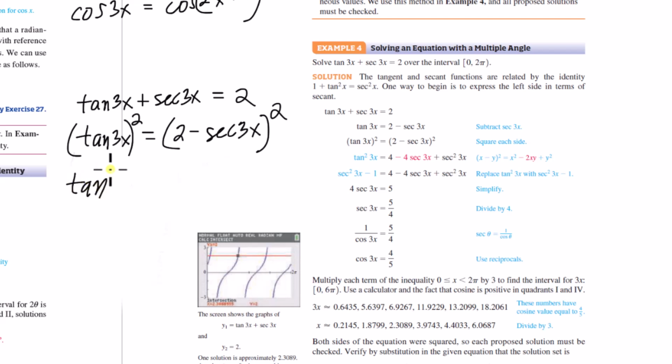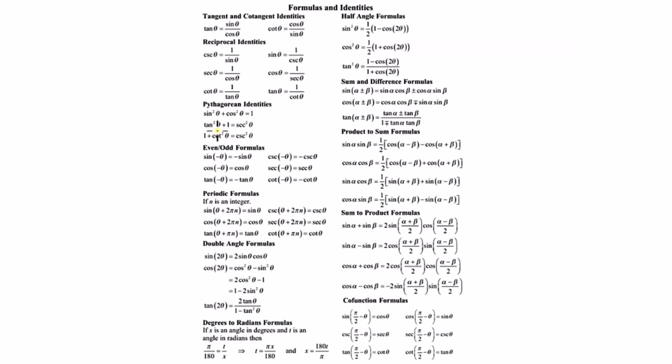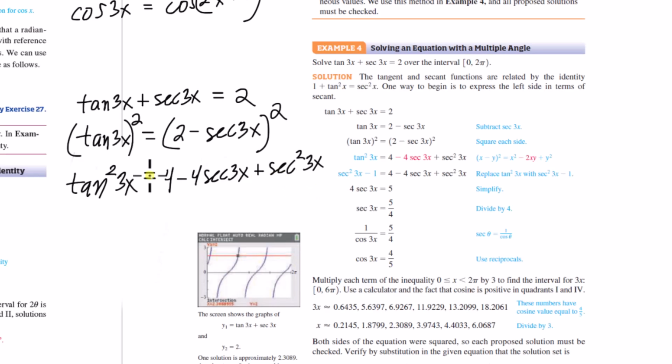So tangent squared 3x is equal to 4 minus 4 secant 3x plus secant squared of 3x. Okay, so let's see what trig identities. Secant squared minus tangent squared is equal to 1. So we can subtract tangent squared 3x from both sides.